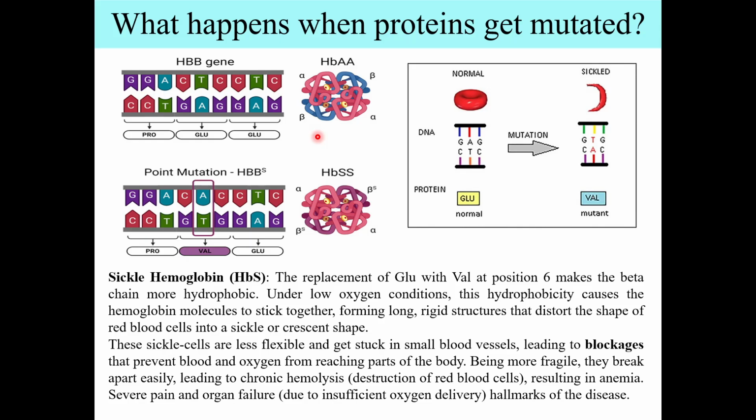Okay, so now what happens if there is some kind of mutation in the protein or at the DNA level? Say, for example, I was telling you about ultraviolet radiations in our class, and that you should always put on sunscreen. And why is it so?